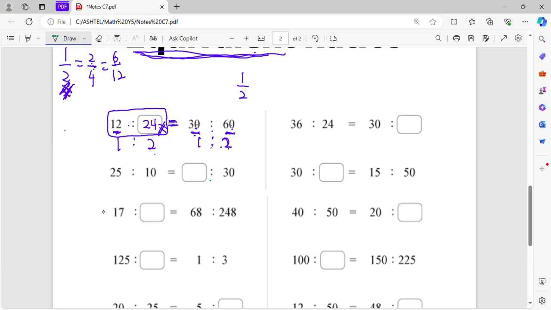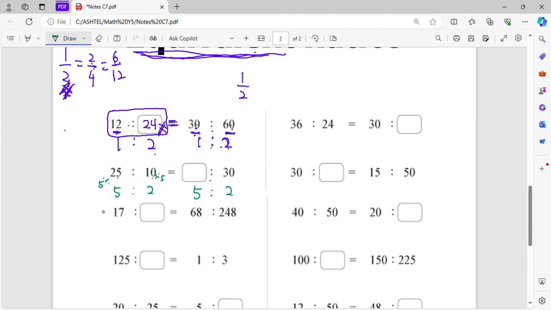As I told you, like fractions, numbers with 5 and 0 at the back, you can always divide by 5. So 25 divided by 5, you will get 5. 10 divided by 5, you will get 2. So the simplest ratio you can get is 5 to 2. So this side also would be 5 to 2.